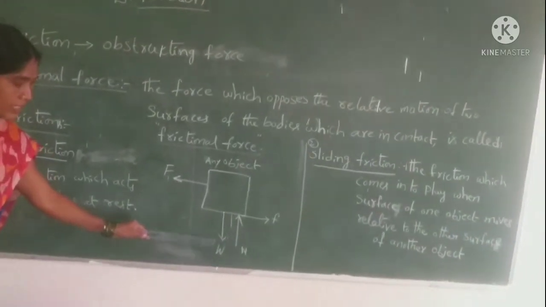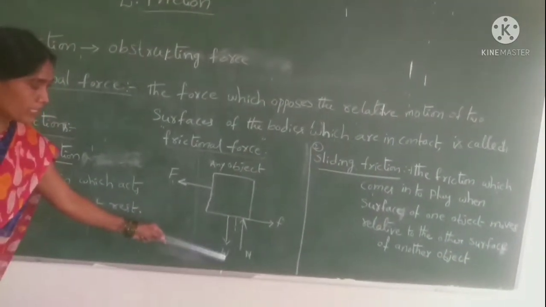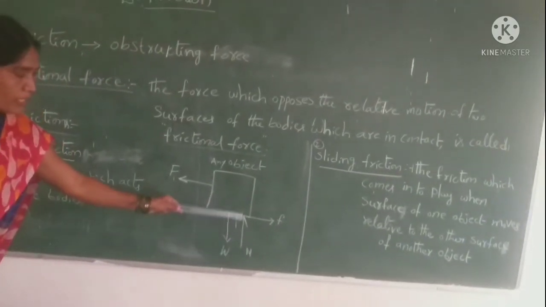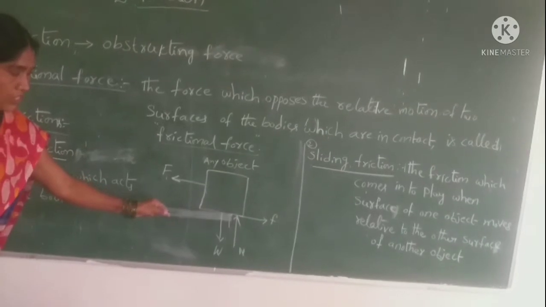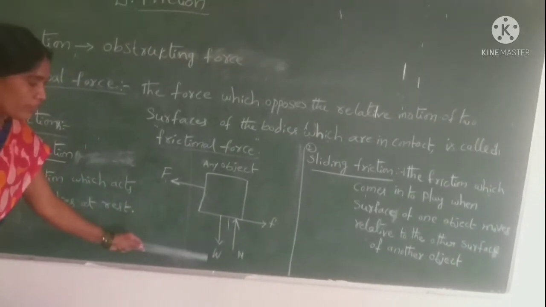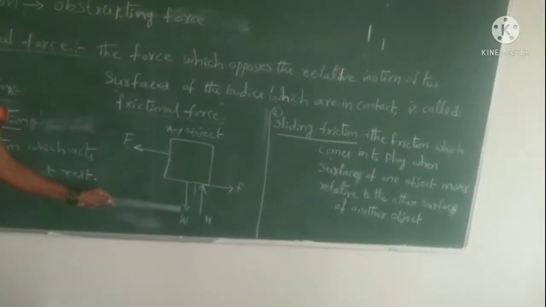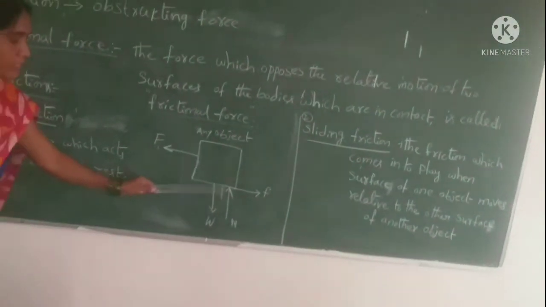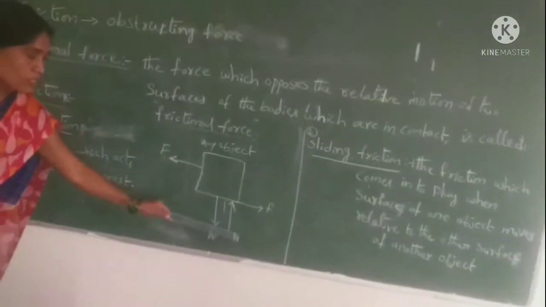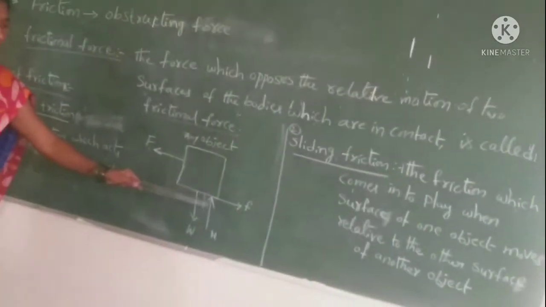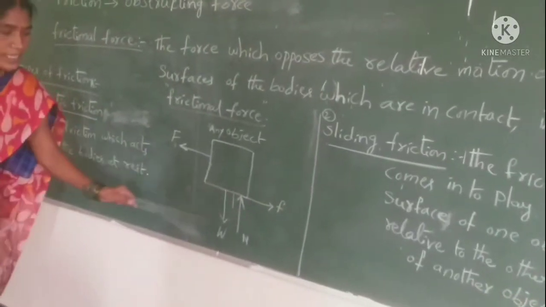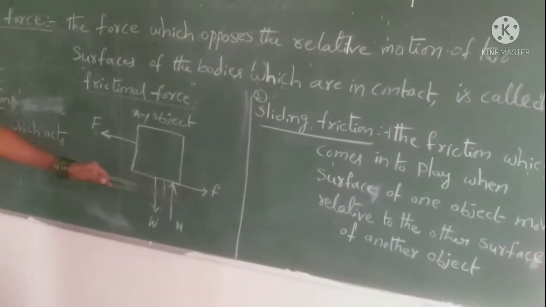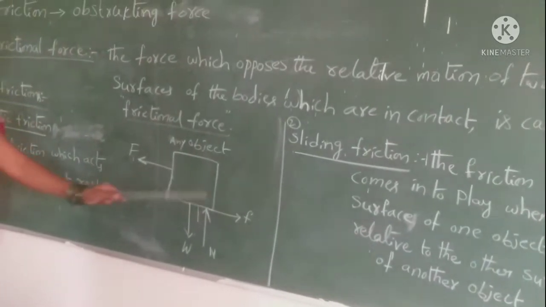The normal force is vertically upward. The gravitational weight is always vertically downward and the normal force vertically upward. These are opposite directions, and the applied force and frictional force are also in opposite directions.